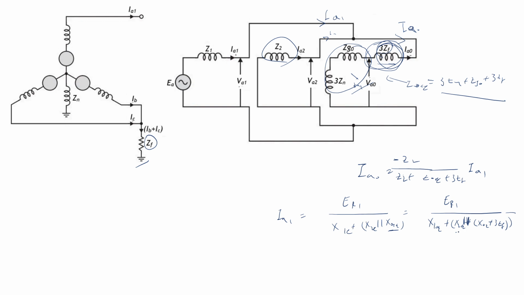That means X2 equivalent and X0 equivalent plus 3ZF are in parallel. From this we can calculate the fault current. So this is about the fault calculation of the fifth problem.